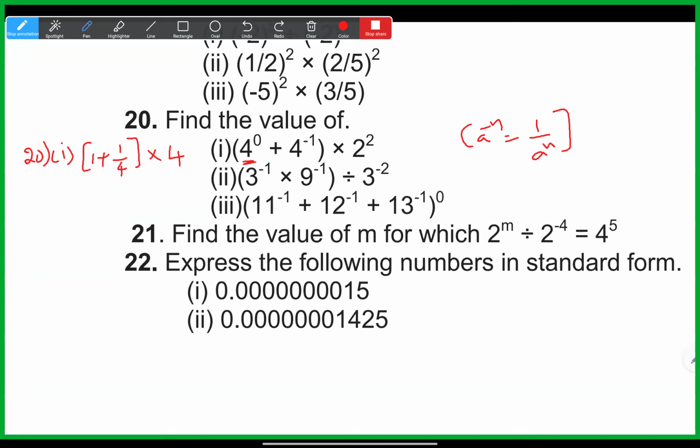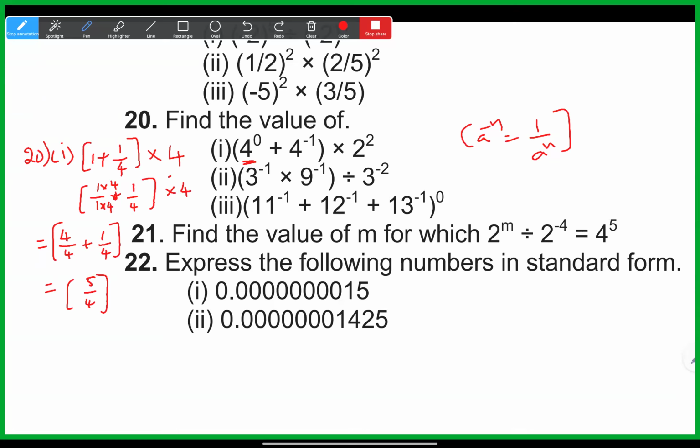Sir, LCM. Yes, addition is again LCM. So this is 1 by 1 plus 1 by 4, so into 4 into 4. Why did I multiply by 4, can you tell? Sir, to get a common denominator. Yes. So 4 by 4 plus 1 by 4, which is 5 by 4.